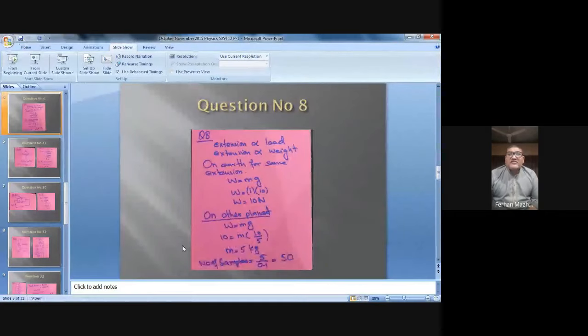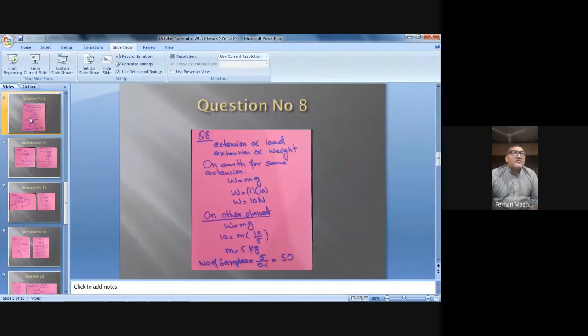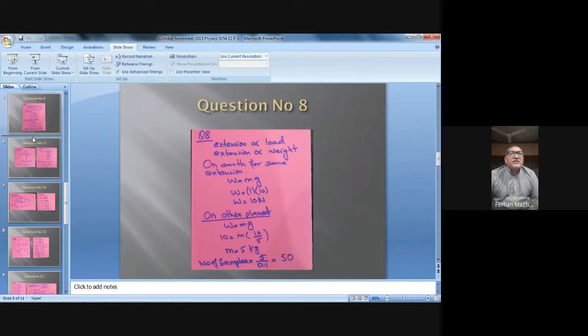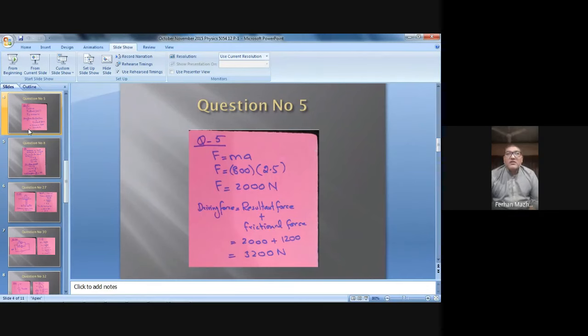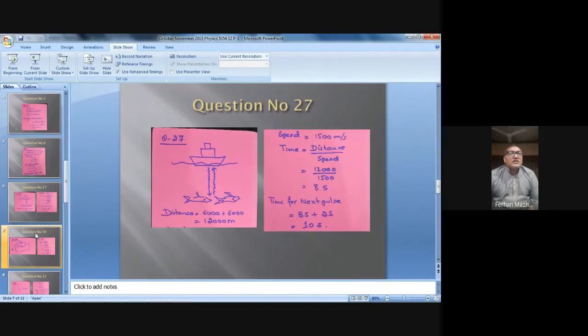Okay, so the next will be, I think I have done this. I think I have missed this question. I have not done it here. I have not taken its diagram, maybe. Okay, extension, then this graph.